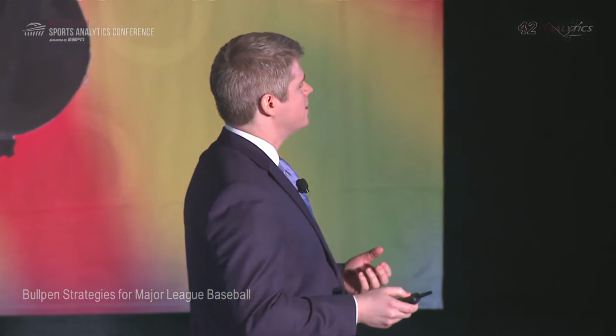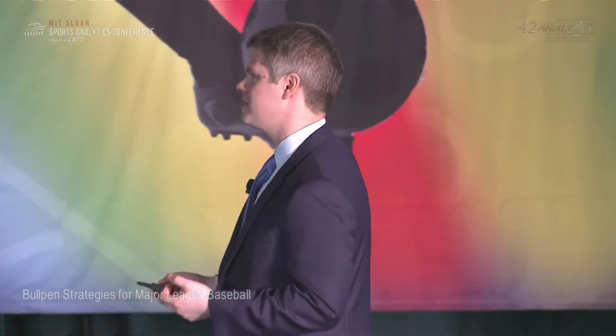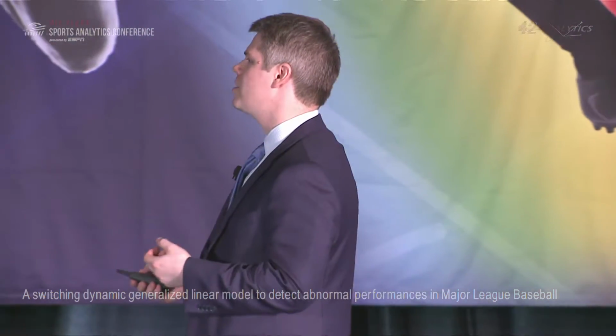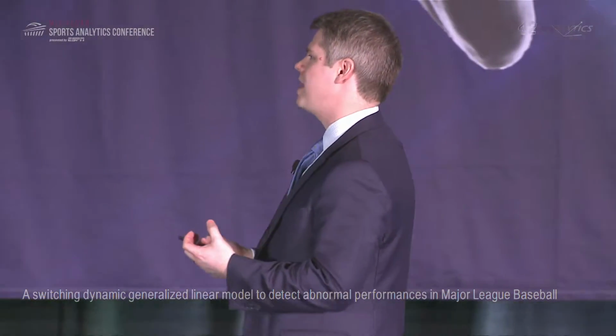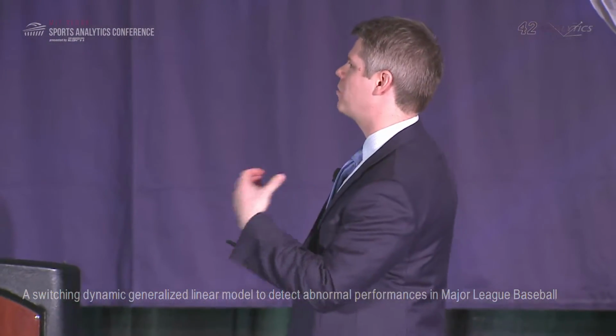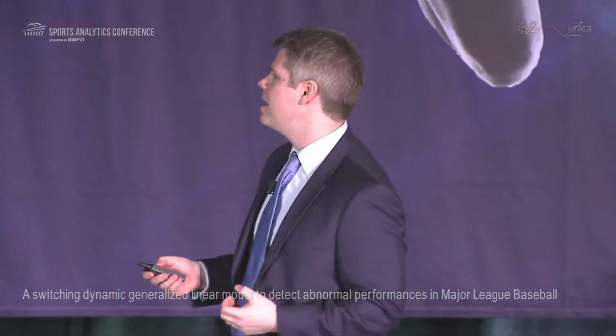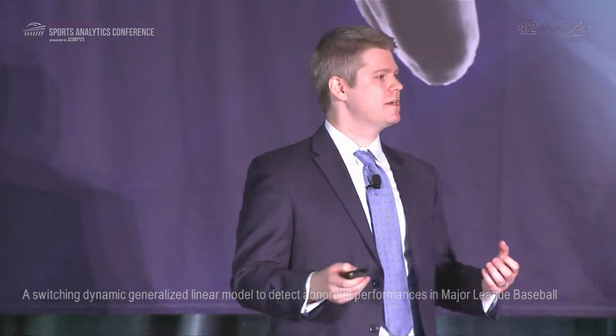The bottom two rows are the ability class membership, so which ability class each player is in at each time. And then the last row is the binary indicator variable for whether a player's performance is normal or abnormal. These are the things that we need to estimate for each player, except for y. That's what we're given.